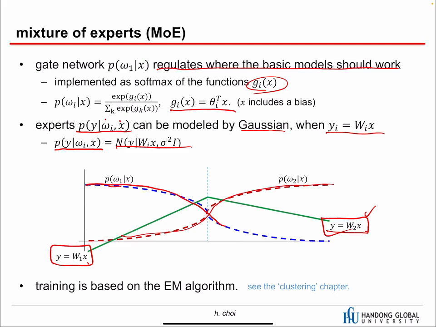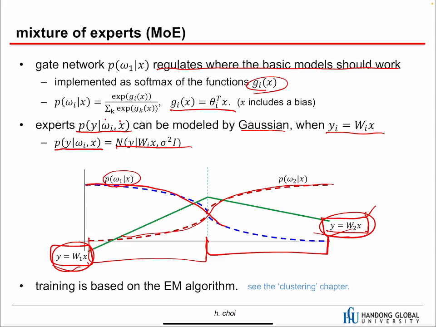When the first model is more dominant on this range, we use this model. When the second model is more dominant, we use that model. More importantly, the gates define the location, the area of the experts, the local models, and the local model will work on that area.